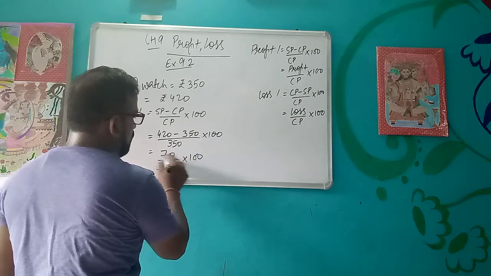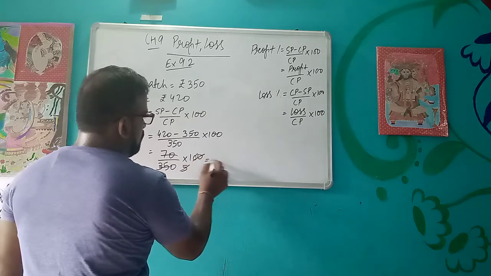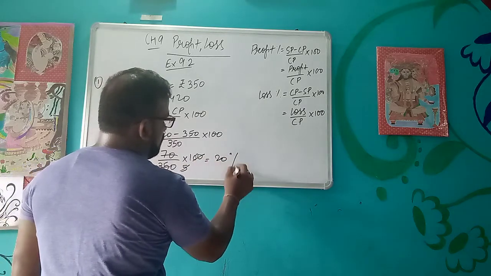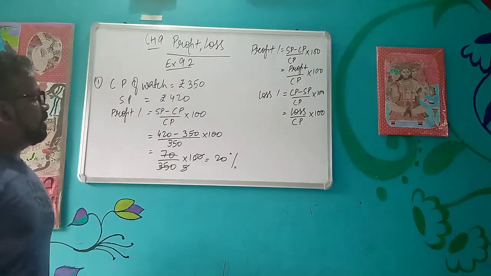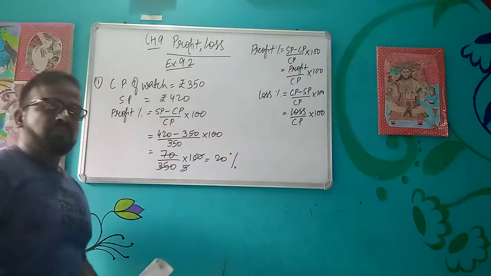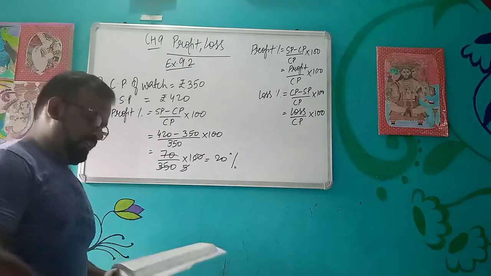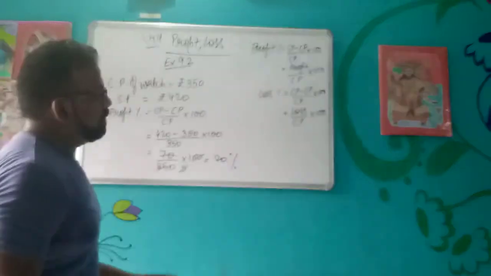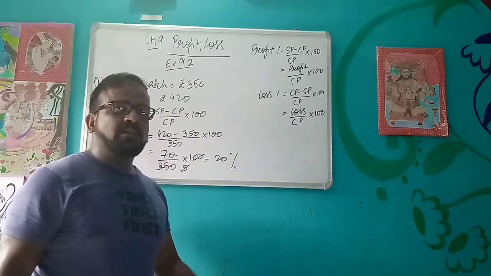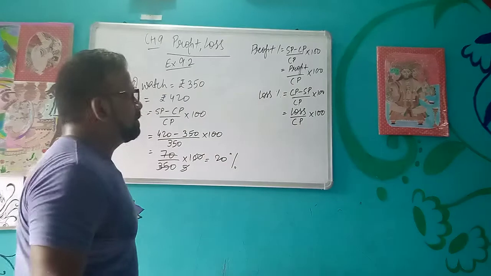Remaining part is your calculation. So this will be the profit percent, 20%. You just have to see what is given in the question, whether CP or SP, and then identify whether it is a profit or loss, and then use the formulas to calculate the profit or loss.